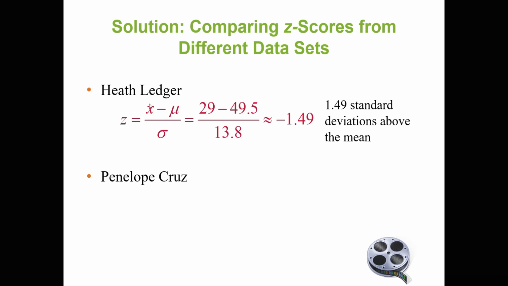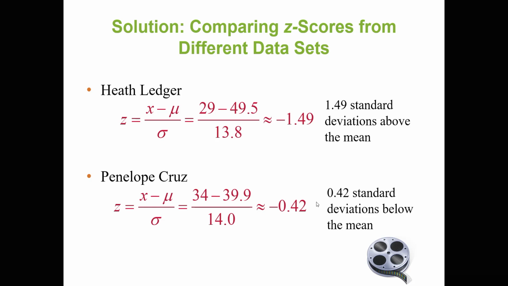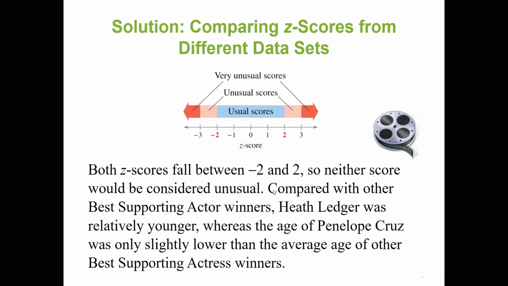If you do the math, you'll see that for the male actor, you have 29 minus the mu for all male actors, divided by the standard deviation for male actors. You see that he appears 1.9 standard deviations to the left of the mean value. Meanwhile, Penelope Cruz appears 0.42 standard deviations to the left. And that is it. Voila.